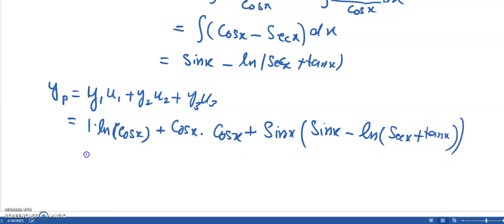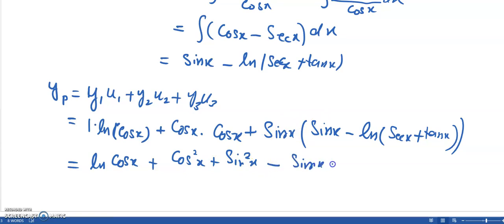So here we have log of cosine x plus cosine square x, plus sine square x, minus sine x into log of secant x plus tangent x. Therefore now we can write the complete solution.